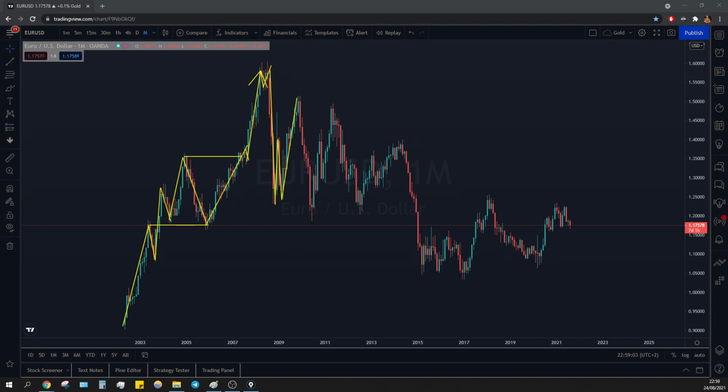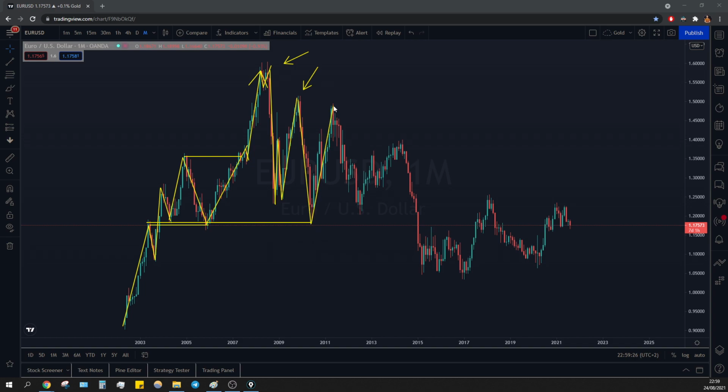Then we see, so we're coming from the all-time high. Then we see a lower high being created here. Another bearish move. We are still in this financial crisis period. We react exactly at the same lows. Exactly.